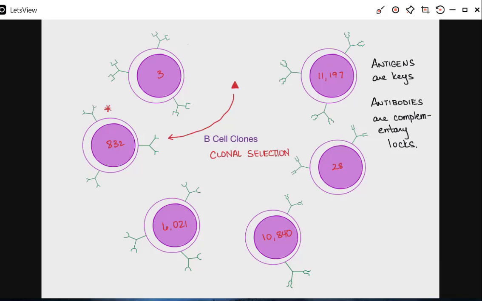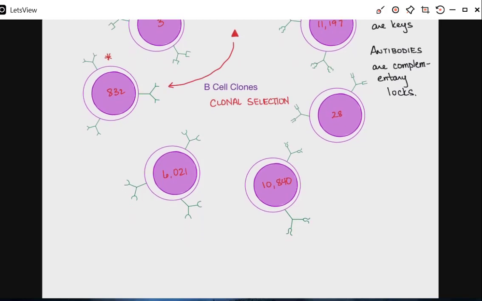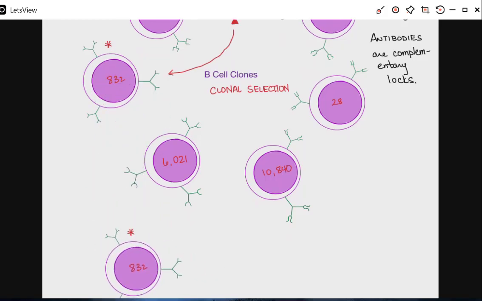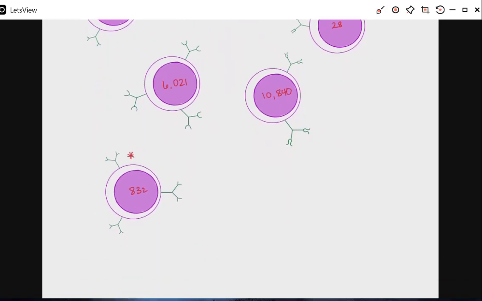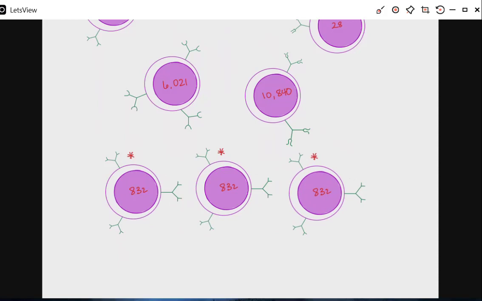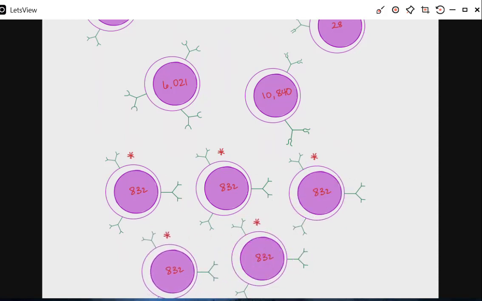And so now what's going to happen? Once that B cell is activated, it is going to go through a series of cell divisions. Now, I don't want you to draw anything out yet, because the way that I've drawn this isn't great. It's not perfectly accurate. But we're going to say, I want to make a bunch of you.